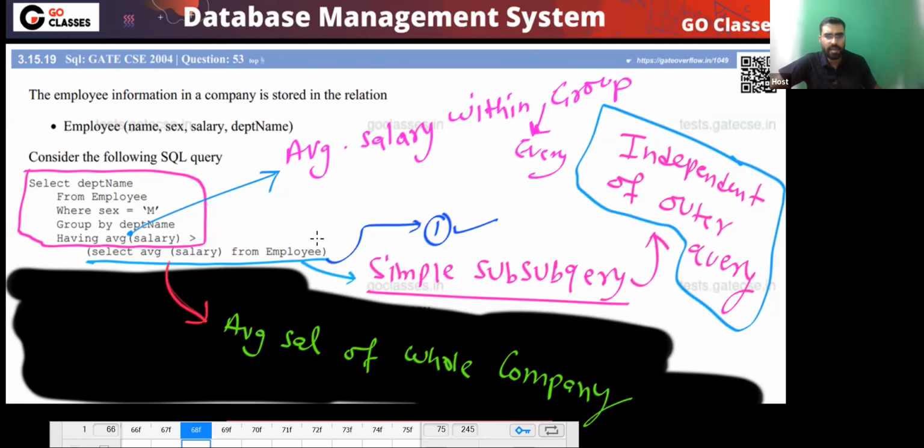Is this clear? And remember, this where will happen very initially, before groups are created.